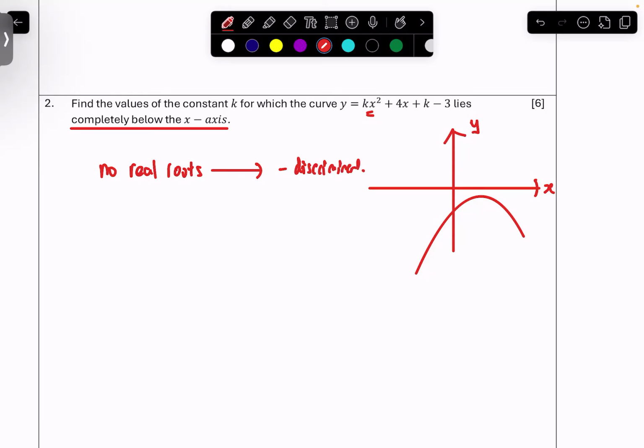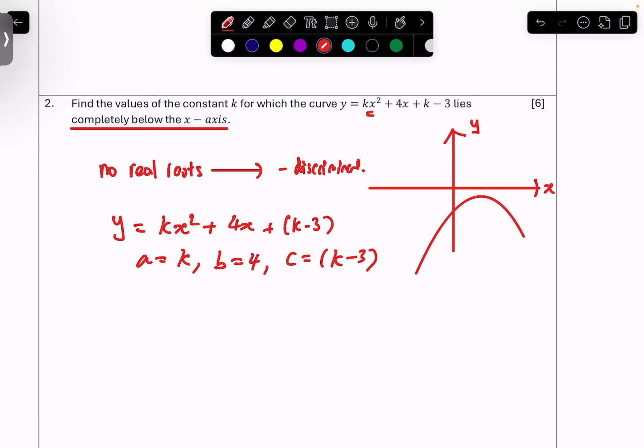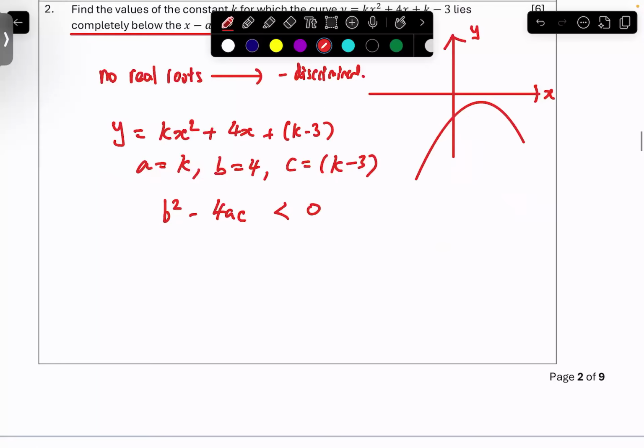So y equals kx squared plus 4x plus k minus 3: a equals k, b equals 4, c equals k minus 3. Since b squared minus 4ac must be less than 0, that means 4 squared minus 4k(k minus 3) must be less than 0.